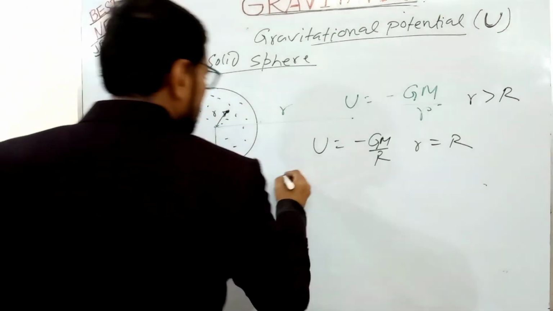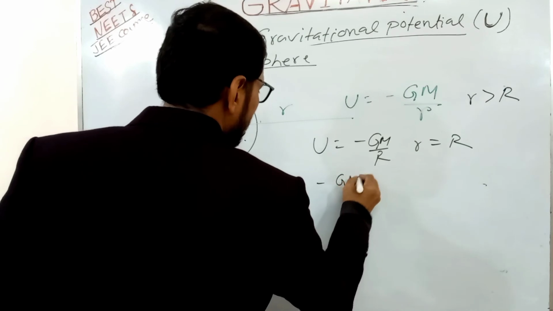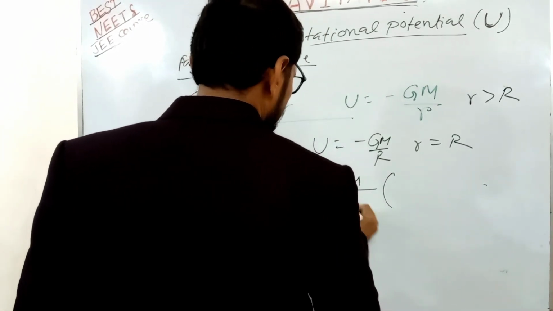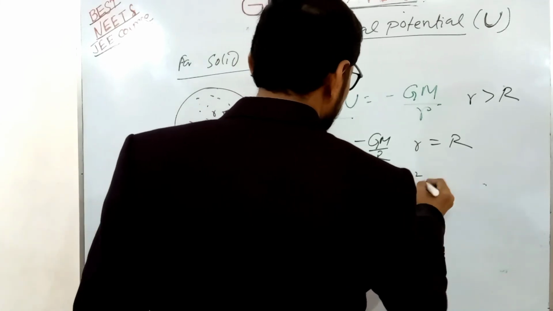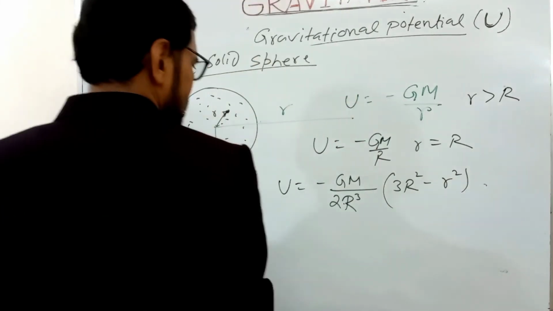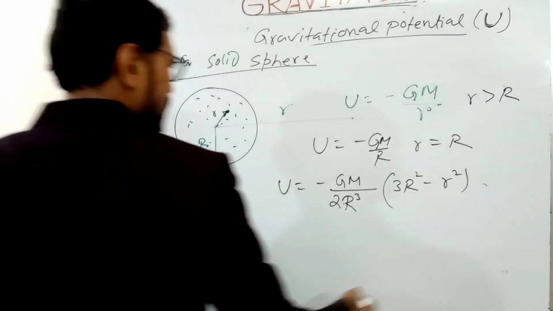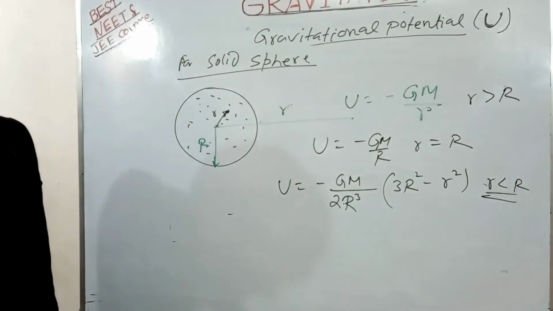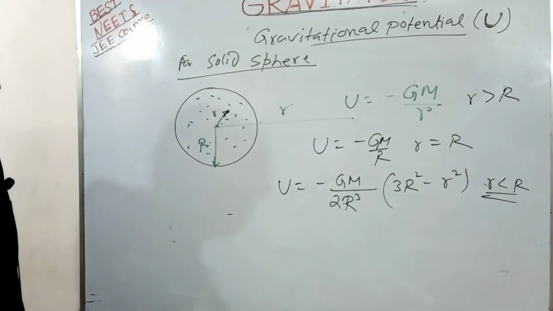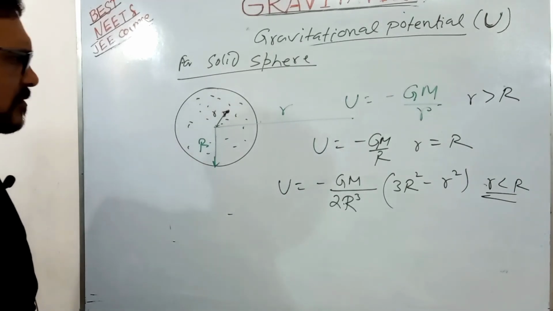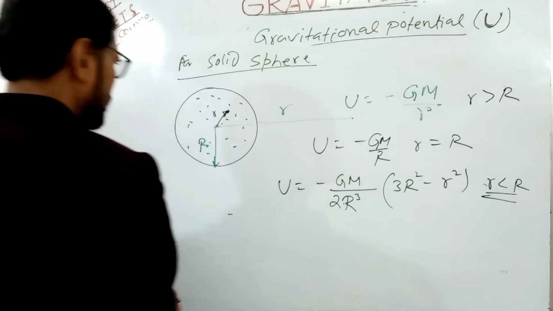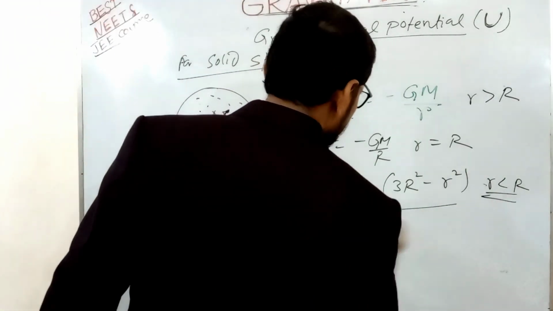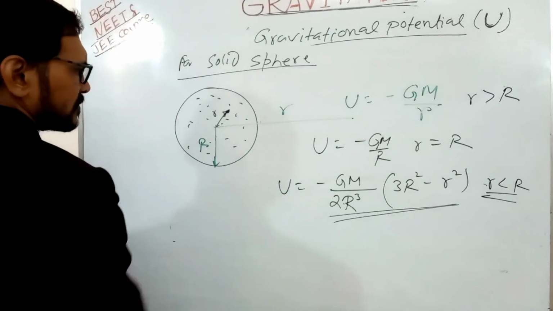Within, U equal to minus G M by 2 R cube times 3 R square minus r square. This is the result when r is less than R.